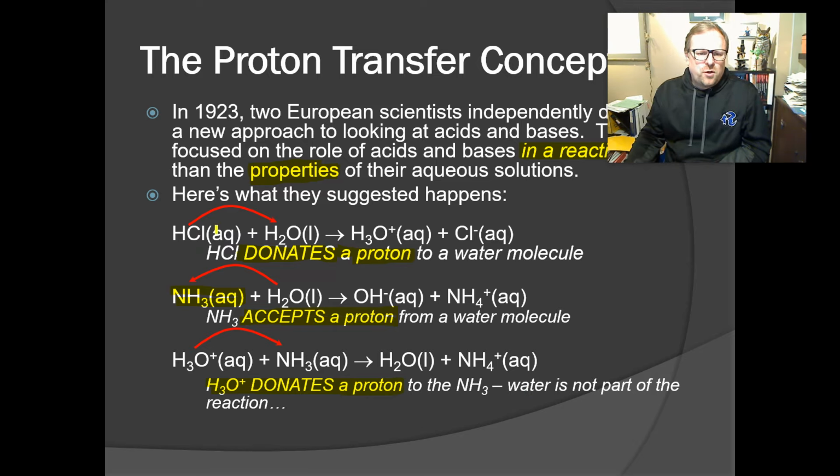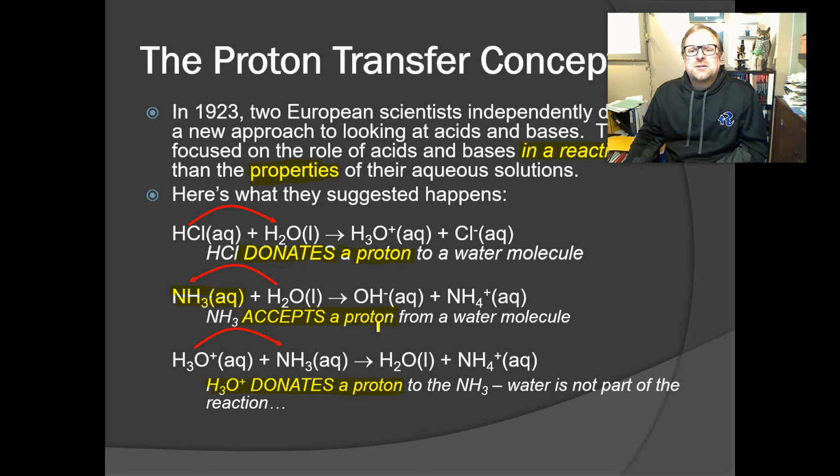So they've looked at creating solutions of things that are acidic and basic or potentially acidic and basic, and then they've looked at how we can describe what's going on when something acidic and something basic react together. All of this you'll notice is proton, proton, proton.